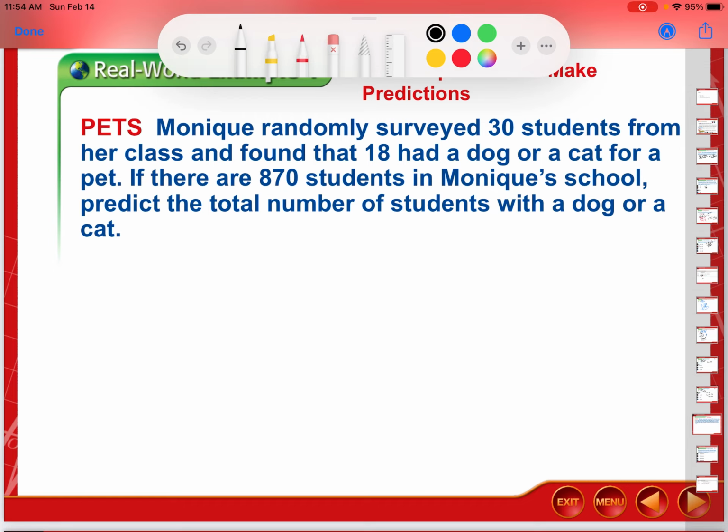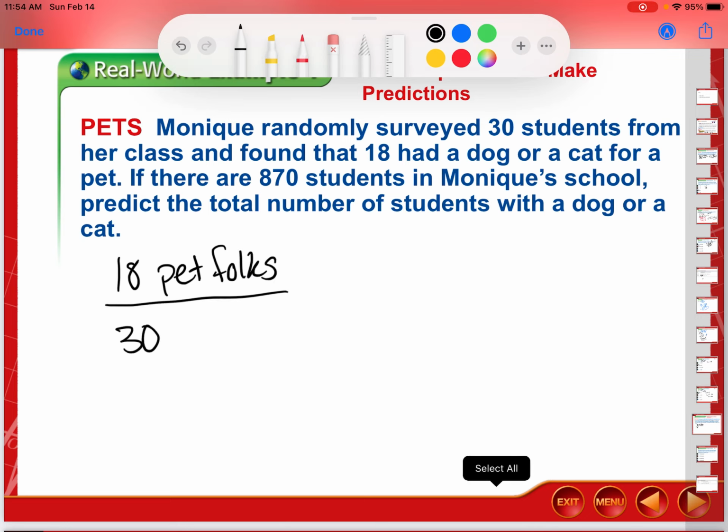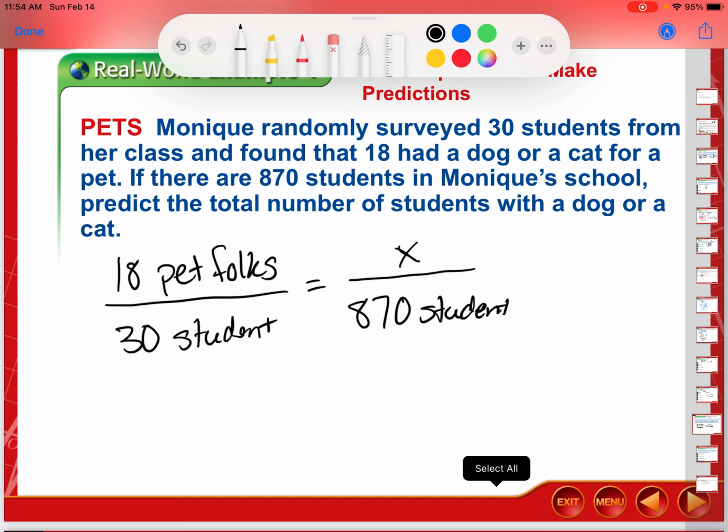So 18 pet folks out of 30 students, and if there are 870 students in her school, so 870 students in her school, predict the total number of folks with pets. So I just set up this proportion.